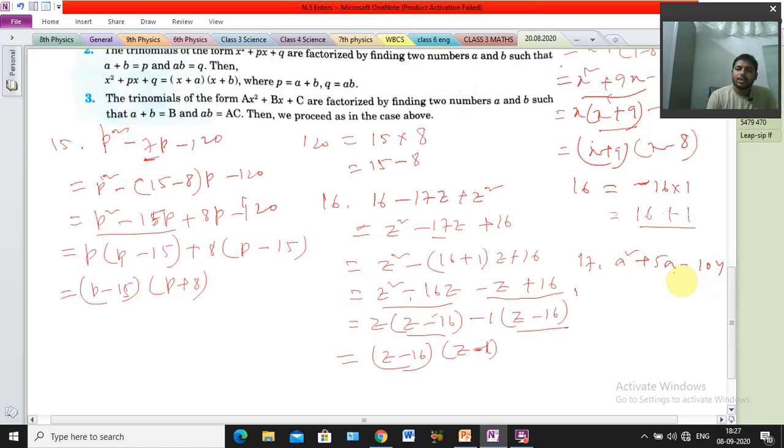This is the question. What to do, sir, here? Coefficient is 1, so 1 into 104 only, so 104 we have, and we need 5. Clear? We need 5. What to do, sir, here? Directly we can do it, sir. Try it.